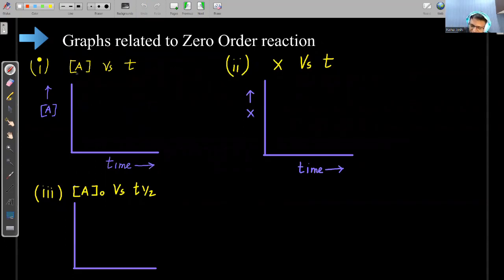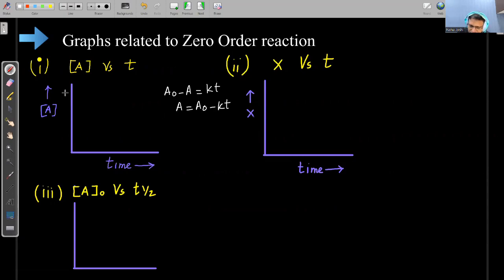पहला ग्राफ है कंसंट्रेशन वर्सेस टाइम का. सो इन ऑर्डर टू स्टडी कंसंट्रेशन वर्सेस टाइम ग्राफ, हमें ये इक्वेशन पता होनी चाहिए, और इक्वेशन हमें याद है, a naught minus at, a naught is fixed, right? So is equal to k into time t. या मैं अगर A की बात करूं तो A की वैल्यू होगी a naught minus kt.